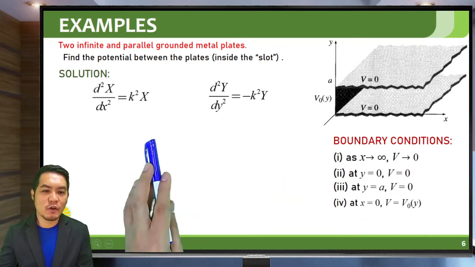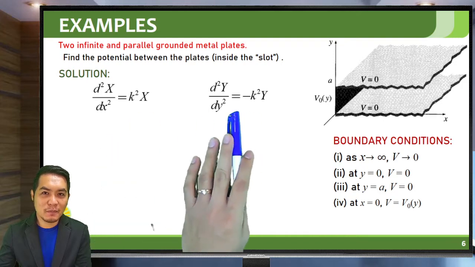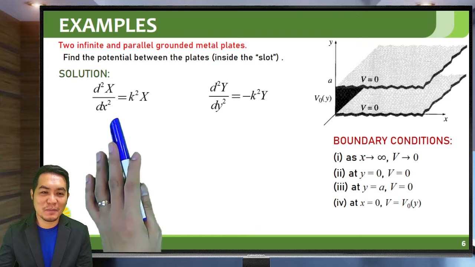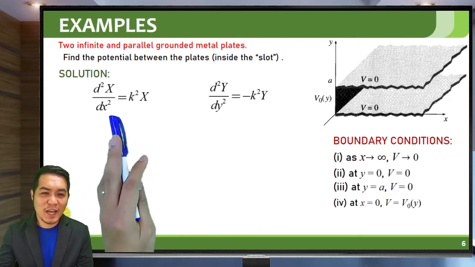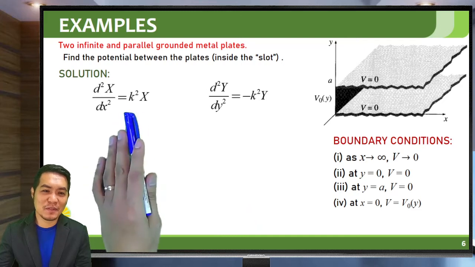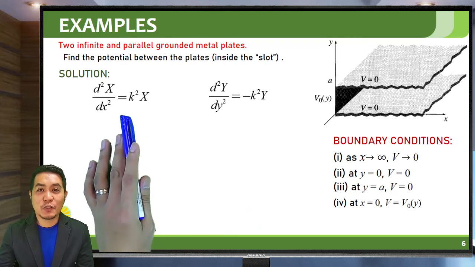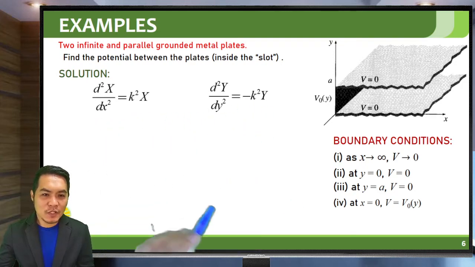Of course, you already know how to solve this problem. Well, if you don't know how to solve this differential equation, it actually just looks like a harmonic oscillator, the simple harmonic motion differential equation. Maybe we can demonstrate it during our live session if you want to review how to solve it.